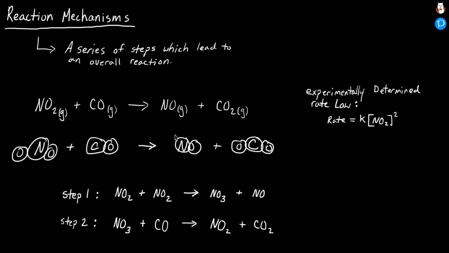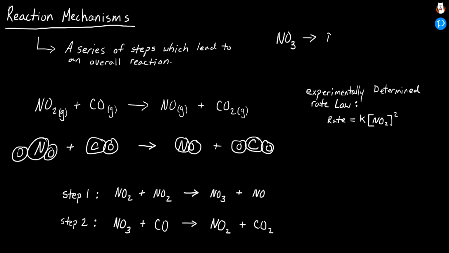But as it turns out, the reaction is actually probably a little more complicated than this. There's probably more going on than just this colliding with this to make these products. One of the reasons why it is probably more complicated than a one-step process is that if you were to actually do this reaction, you would detect the presence of NO3.